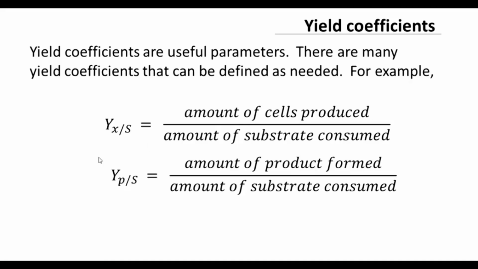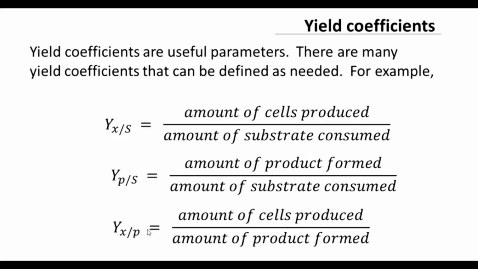Similarly, you could define a yield of product with respect to substrate, which is the amount of product formed divided by the amount of substrate consumed. And one more, yield of cells with respect to product, the amount of cells produced divided by the amount of product formed. Both are formed in this case. Sometimes it's formed, sometimes consumed. You can define whatever yield coefficient that you can.